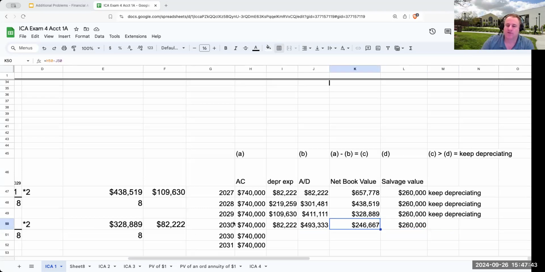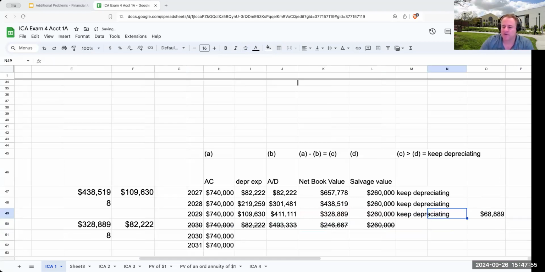The most depreciation that I can take is the difference between the net book value and the salvage value from the prior period. So I'm going to take 68,889. My accumulated depreciation is going to be the prior year ending balance of 411,111 plus the 68,889. So my net book value is going to be 260,000, which is equal to the salvage value.